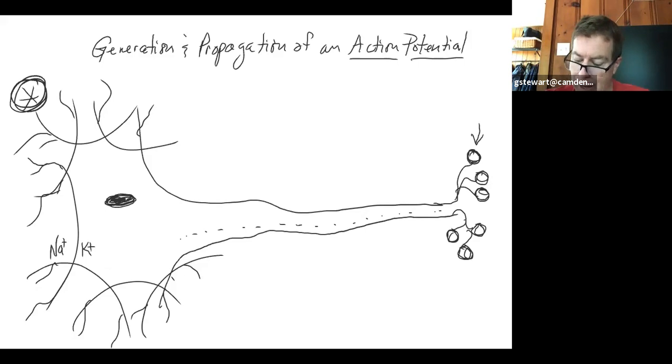We've also established that the net charge distribution created by this separation of ions is positive out and negative in. And that's also true all the way around the cell. So when this cell is at rest, we have high sodium outside, high potassium inside, net positive charge outside, net negative charge inside the cell.